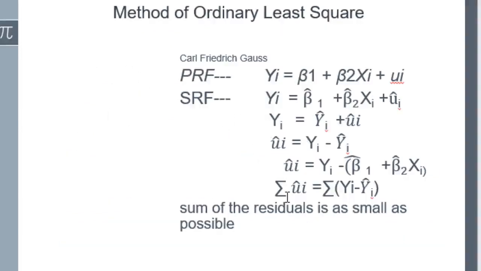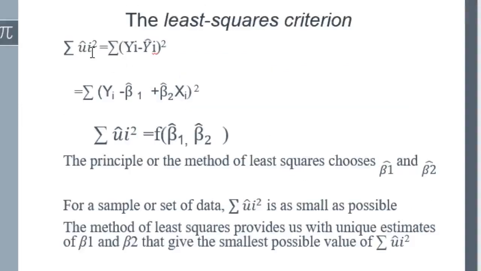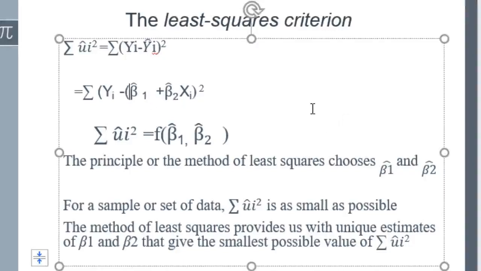This can be written as sigma ui cap square equal to sigma of (yi minus yi cap) the whole square, that is sigma of (yi minus beta 1 cap minus beta 2 cap xi) the whole square.